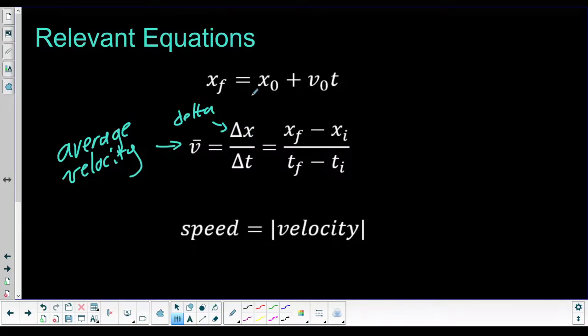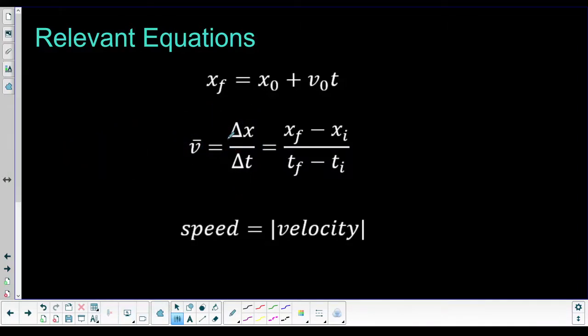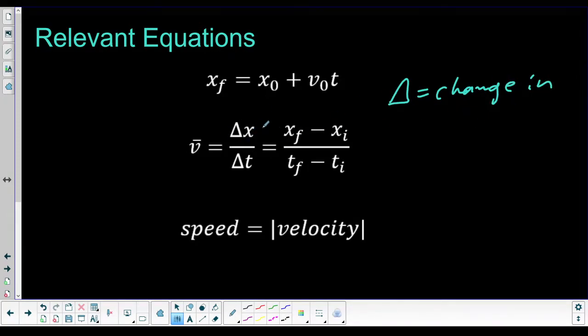Units for change in position are meters. Units for time are seconds. There's a fraction, meters per second. There we go. So we get our units back to what we expect our units of velocity to be. And just in case we're a little confused about these deltas, what a delta means is change in. So delta x means change in position or change in displacement.